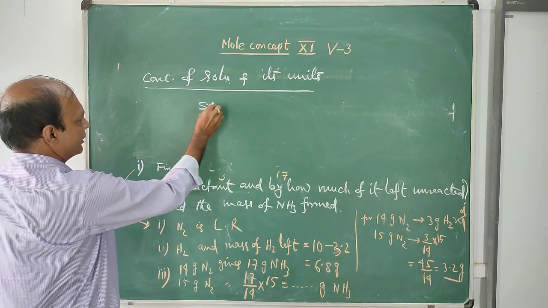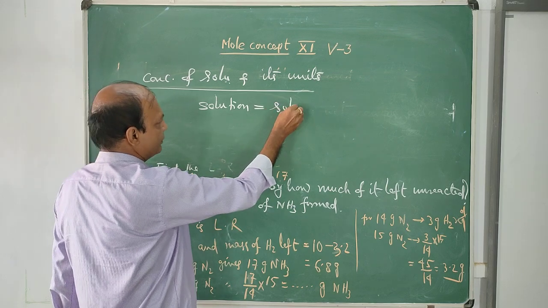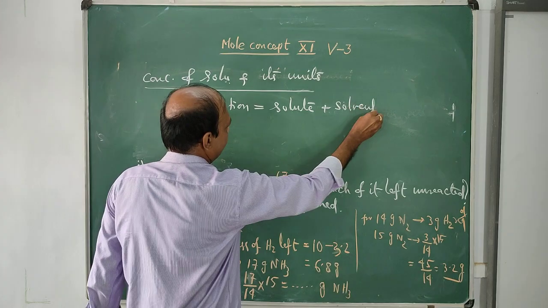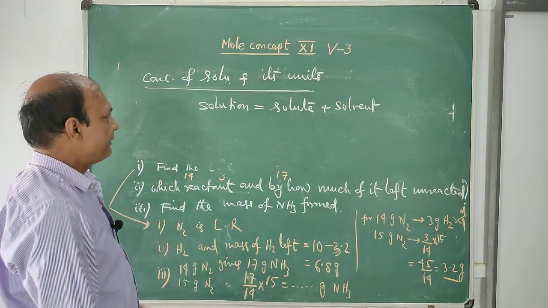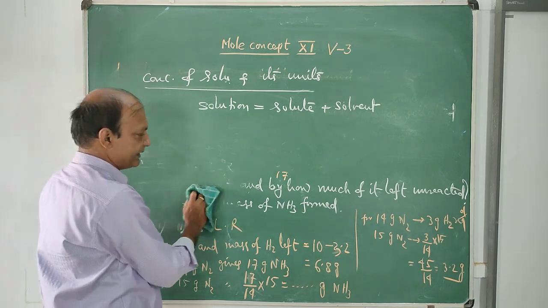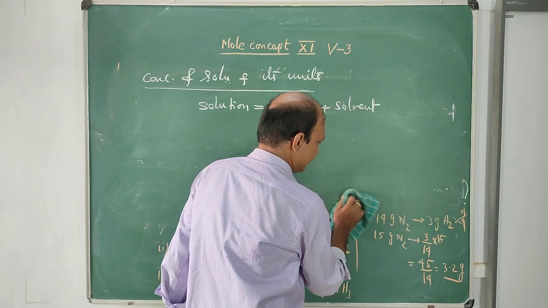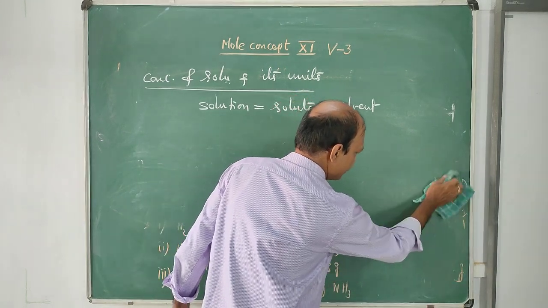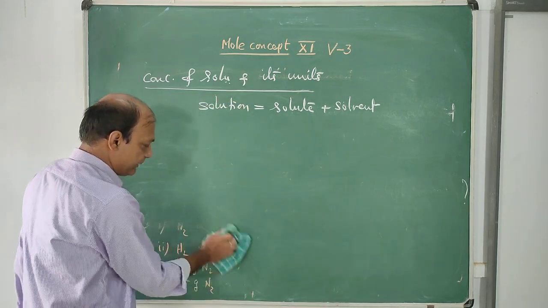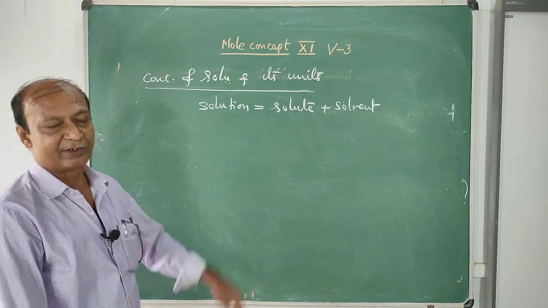You know that a solution is a homogeneous mixture of solute and solvent. So you can prepare any solution by adding a solute in a solvent. The solute must be dissolved in that solvent. It should not be that the solute is insoluble. In such a case, you will not get a solution.